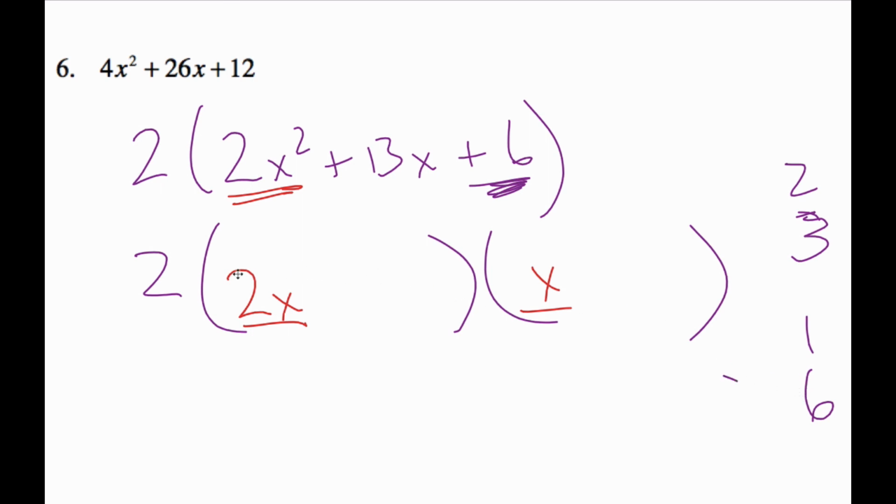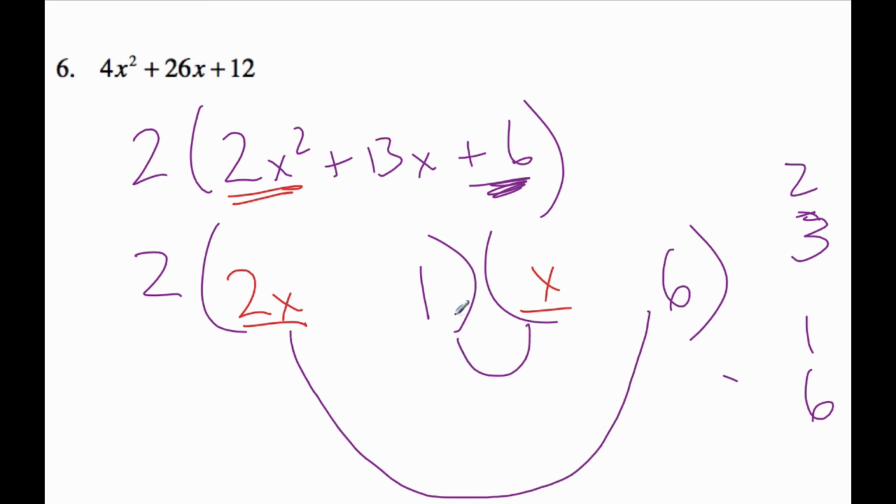Now, if I start to think about this, I want 13, so if I just start to play with it before I even plug it in, maybe this one will be 6 and this one will be 1. So that's an x and a 12x. I'm feeling good. They both are going to be positive, and there's my factoring.